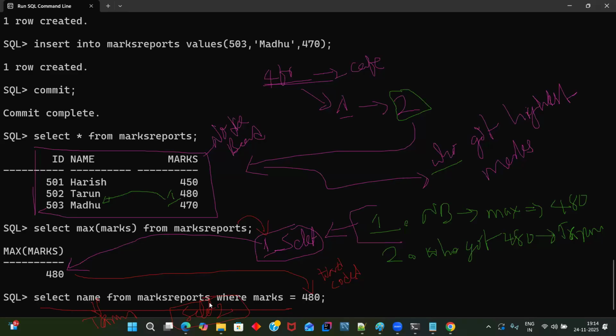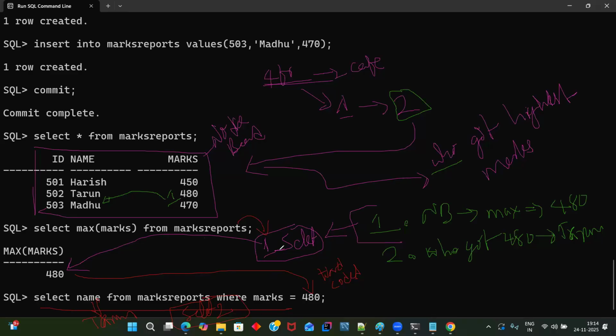But tell me, what is the order of these select queries, guys? Which select query has to run first, finding the highest marks or showing the name? Finding the highest marks. So which query do you want to execute first?